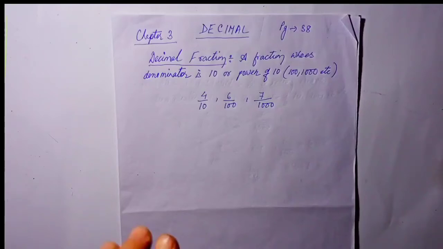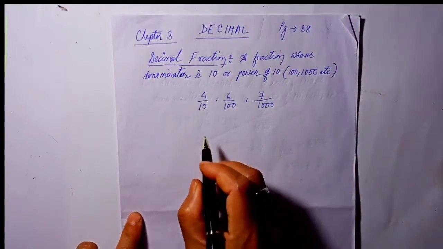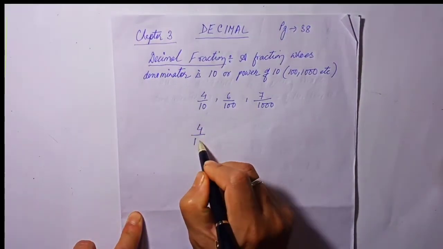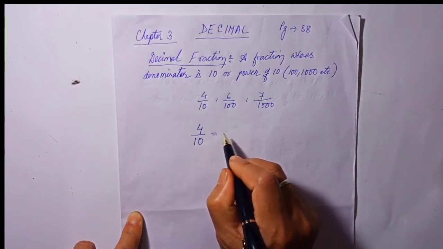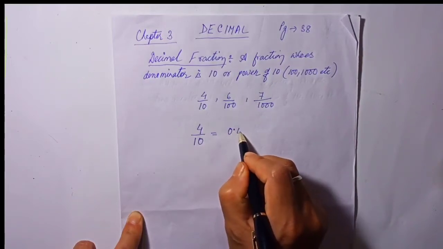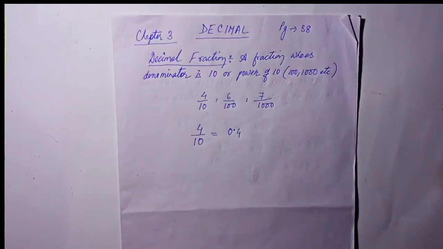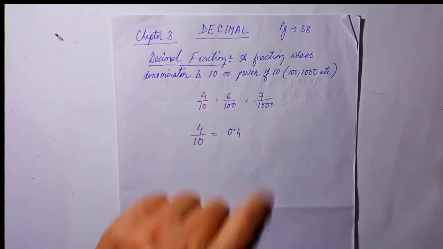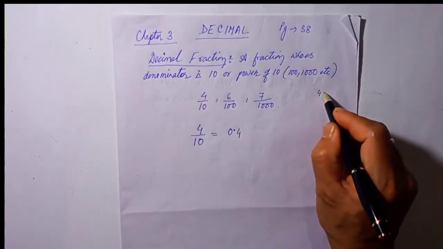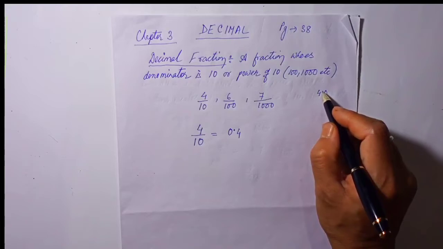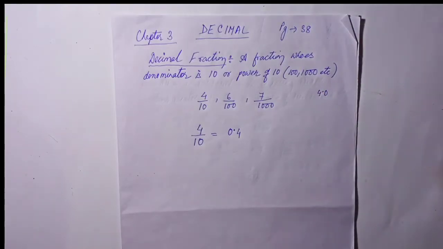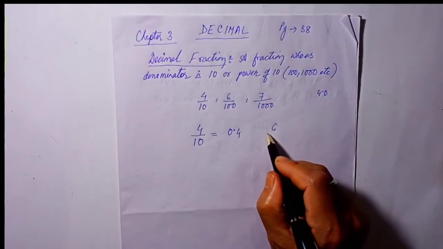Now see, there is another way of expressing a decimal fraction. 4 by 10 can also be expressed as 0.4. Since the denominator is 10, the decimal point present in 4, as 4.0, will shift one place to the left. Now come to 6 by 100.